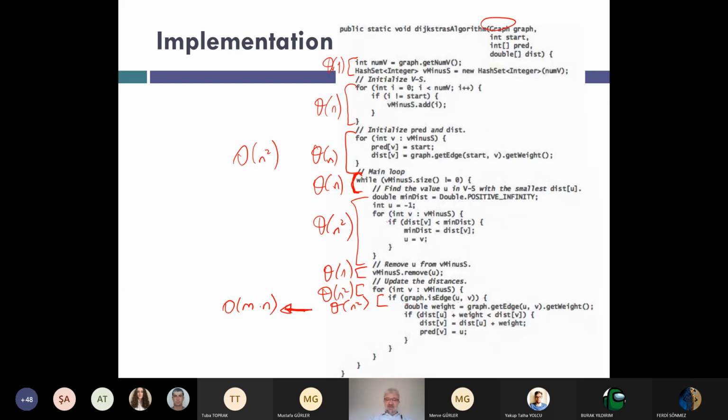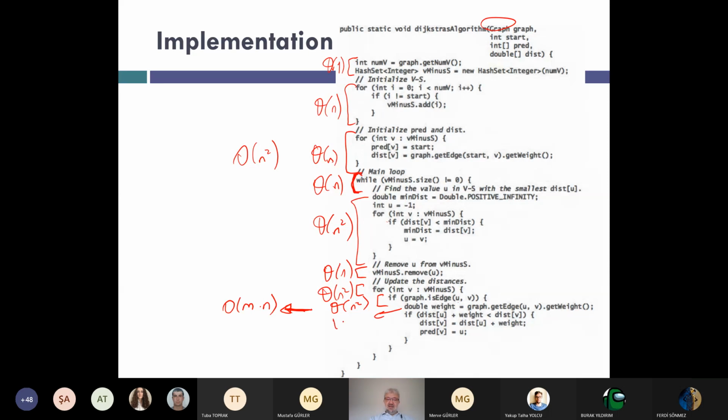If there is an edge, we perform these operations. And getting this edge and weight will be constant time for adjacency matrix, and performing the update is constant time. So we perform it for all the edges.